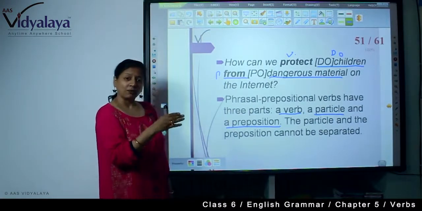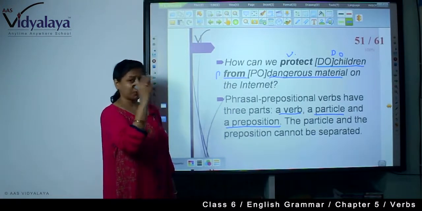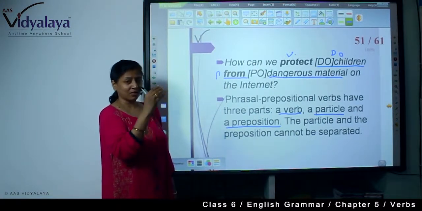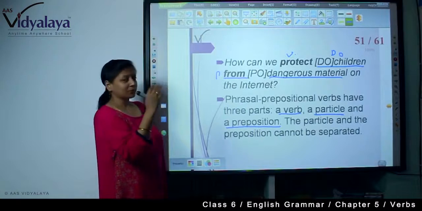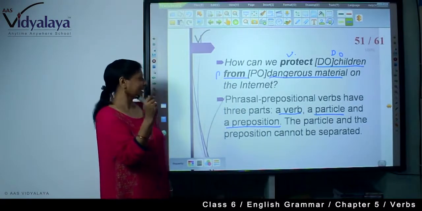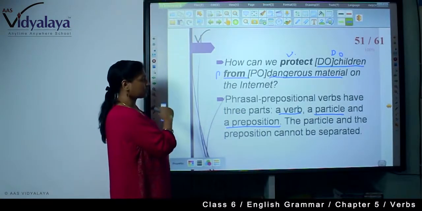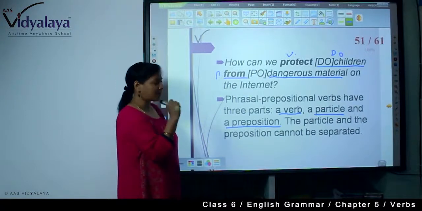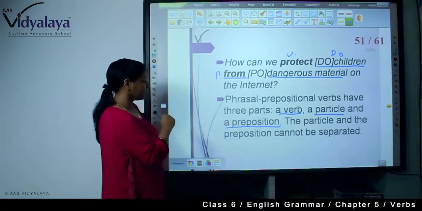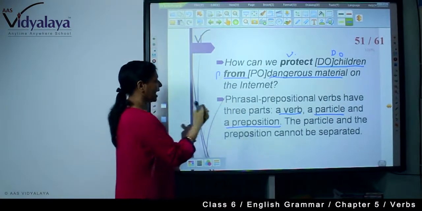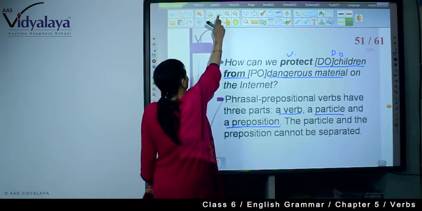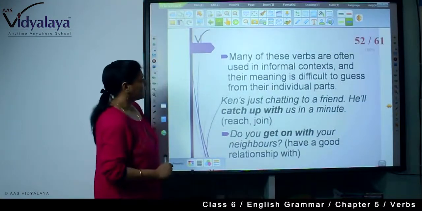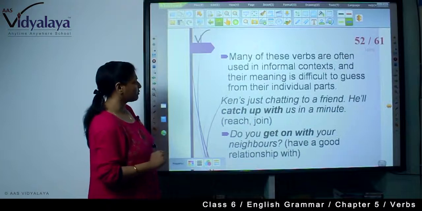Phrasal verb is with an object, without an object. Prepositional verbs are always with an object, and the object can be direct or indirect. And in the phrasal prepositional phrase, we are saying three parts: a verb, a particle, and a preposition. And the particle and preposition cannot be separated. Now, it is informal.